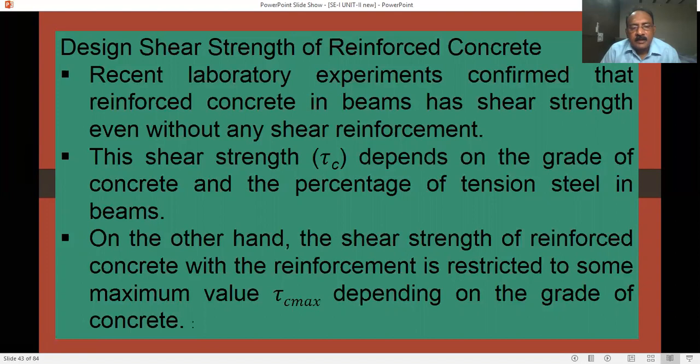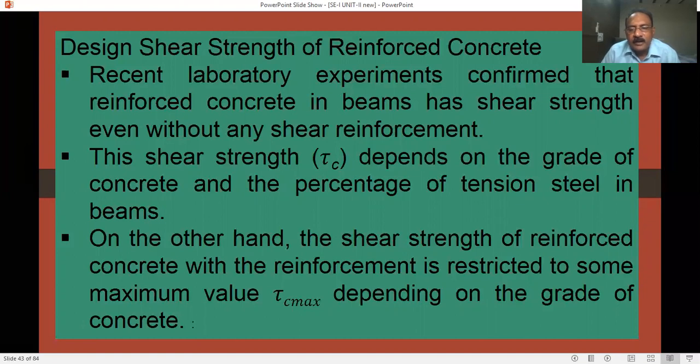The shear strength tau_c depends upon the grade of the concrete and the percentage of tension steel in the beam. In the previous class or video, you observed that the table in IS 456 depends upon two factors, percentage of tension steel A_st and grade of concrete, that is M15, M20, M25, M30.